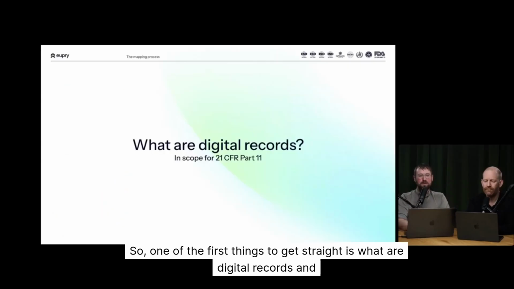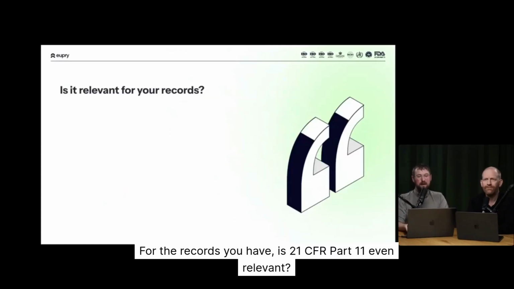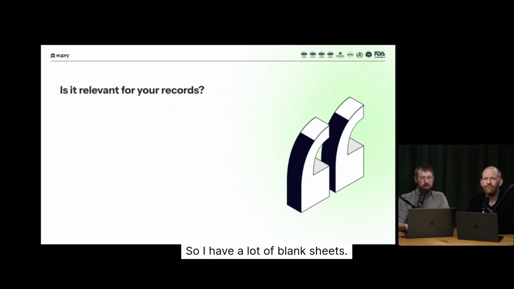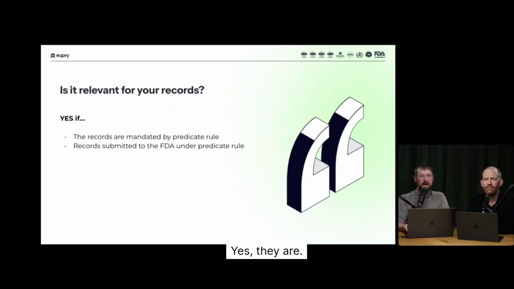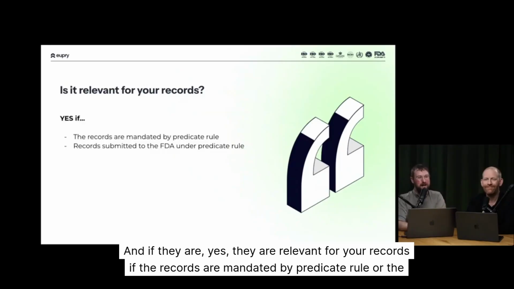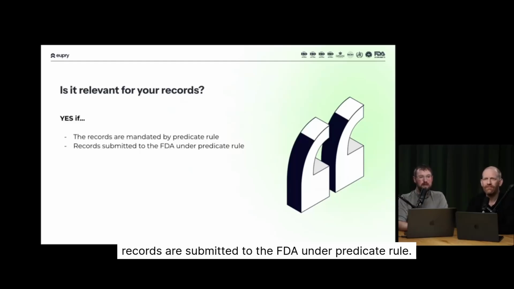So one of the first things to get straight is: what are digital records? And for the records you have, is 21 CFR Part 11 even relevant? Yes, they are relevant for your records if the records are mandated by a predicate rule or the records are submitted to the FDA under a predicate rule.